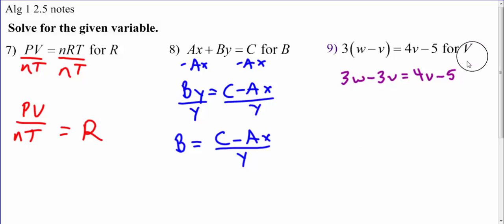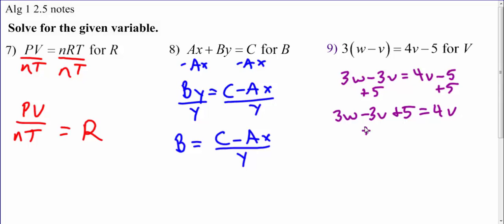Now we have to keep in mind what we're doing here is solving for v. I need to get all the v terms together on one side of the equation, and I need to put everything else on the other side. So I'm going to start by adding 5 to each side, and you could switch the order on this a little bit. It would work just fine.